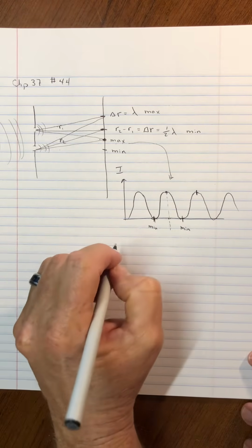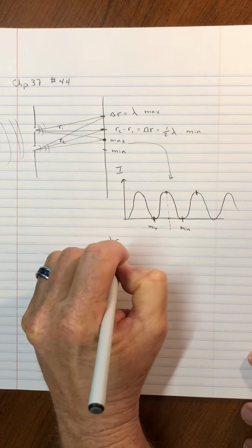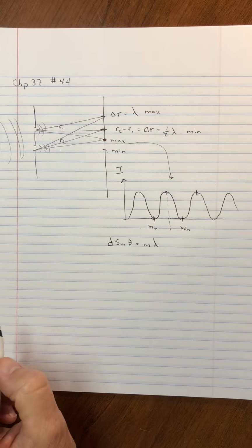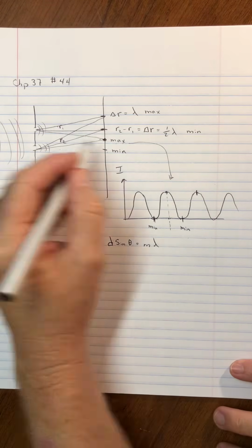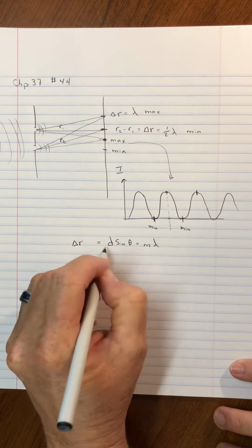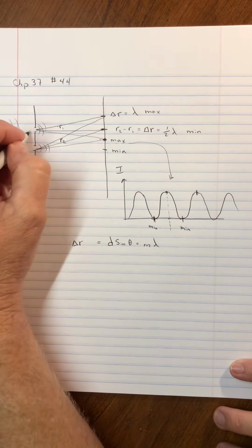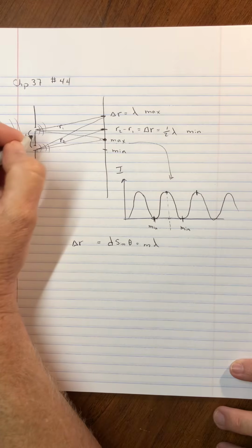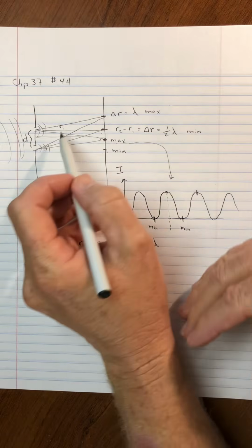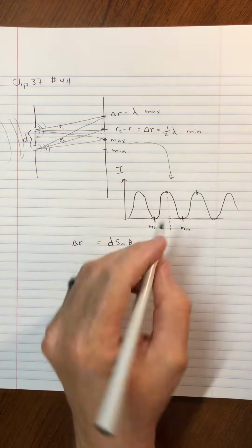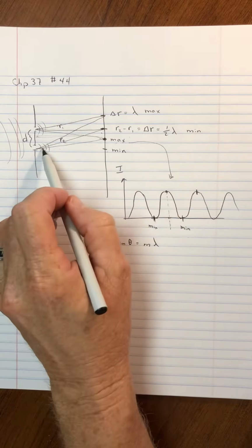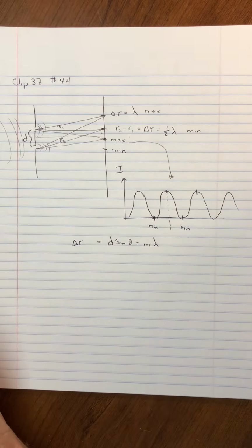If you've gone through the material, there is an equation that is worked out that basically says the path difference, this R2 minus R1, can be written as d sine theta, where d is the distance between the two slits, and theta is the angle of the light either up or down away from the center. And so that's the extra path length that the bottom one has to travel compared to the top one.